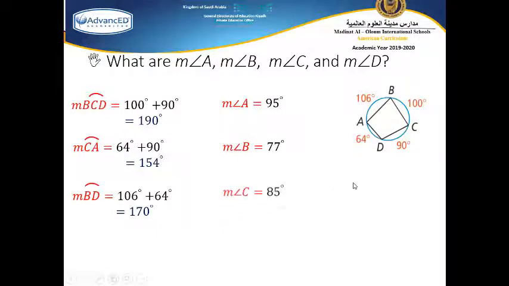This equals 85. And also we can find the measure of angle D by looking at the intercepted arc ABC, which equals the sum of 106 plus 100, equal to 206. Then the measure of this inscribed angle D equals half of 206, which equals 103.